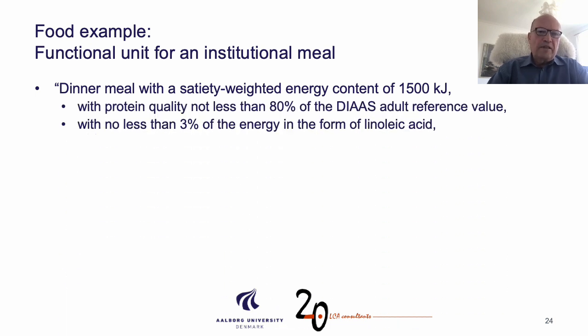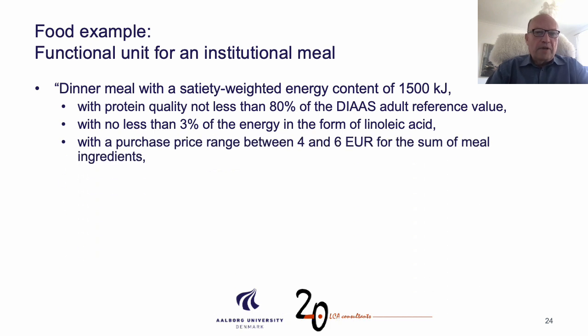Further specifying that the protein quality should be no less than 80% of the DIAAS adult reference value, no less than 3% of the energy in the form of linoleic acid, with a purchase price ranging between 4 and 6 euros for the sum of meal ingredients. So these are the kind of things that an institution would care about.